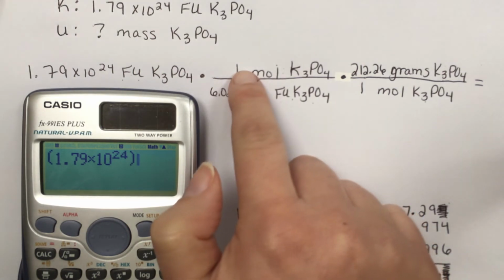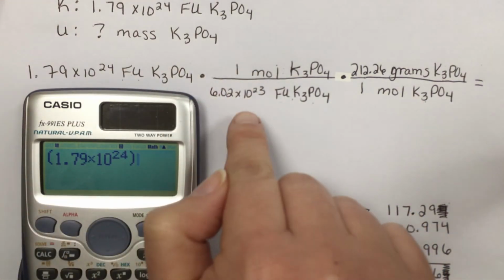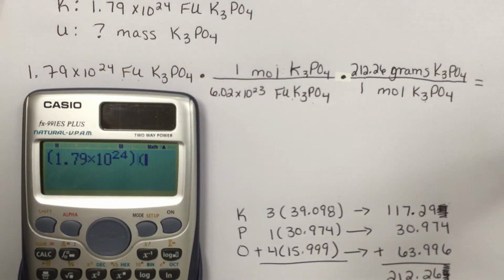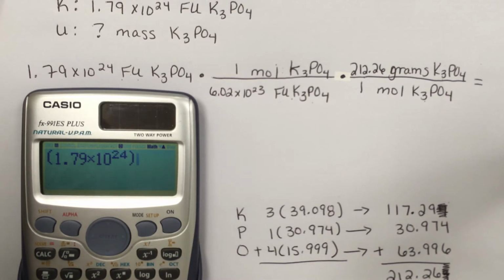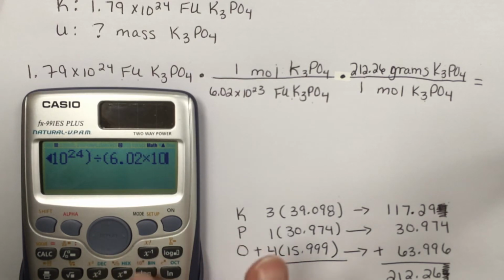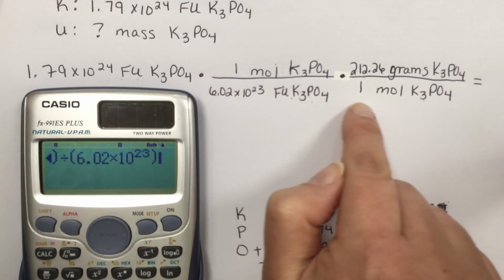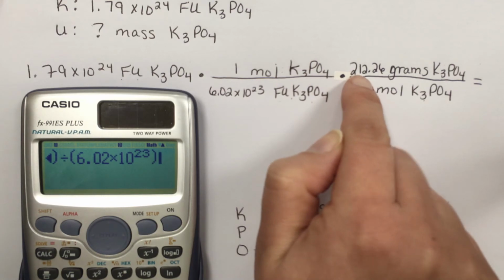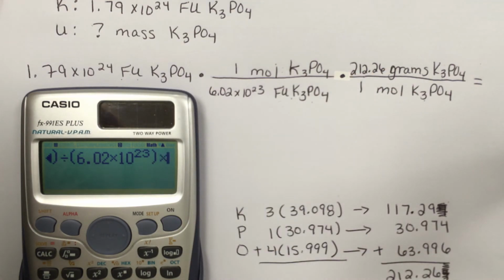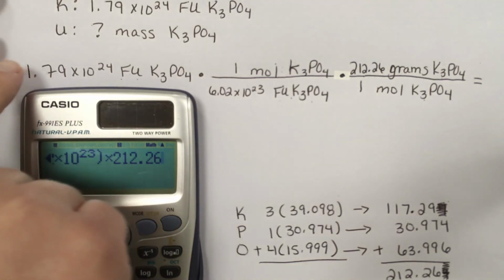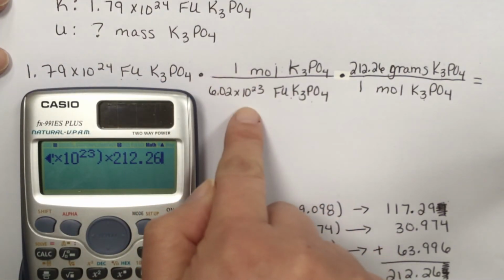And since there's a 1 here, we ignore it, so we just do that divided by Avogadro's number, divided by 6.02 times 10 to the 23rd. And then there's a 1 here, so we're not going to divide here. We're going to actually multiply. So times 212.26.